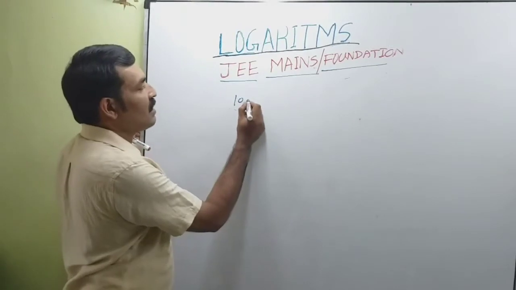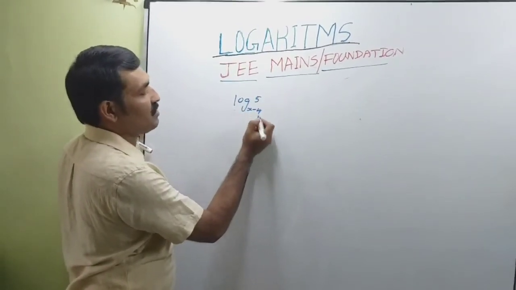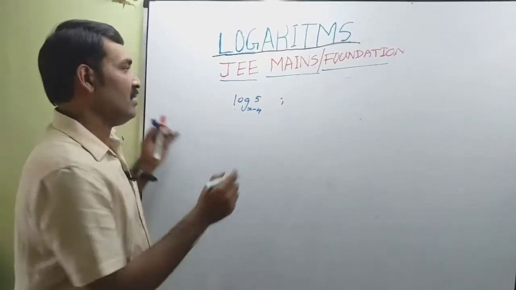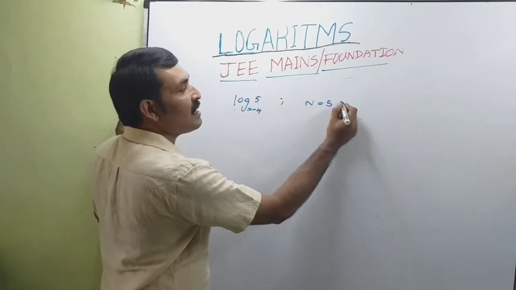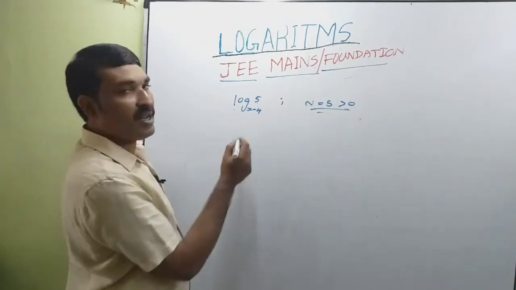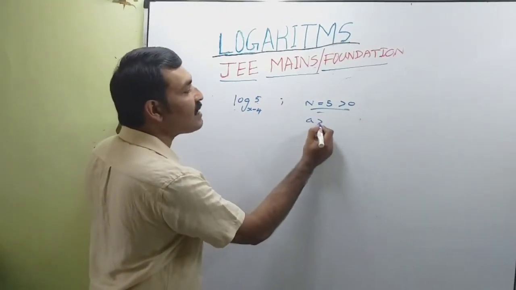So the question: log of 5 to the base x minus 4. Then find the value of x for which the function is defined. Here n is equal to 5, that is greater than 0. First condition is satisfied. Second condition, base should be greater than 0. That is a greater than 0.